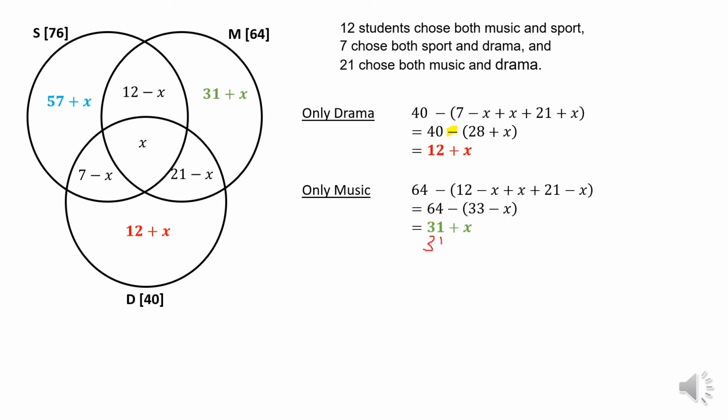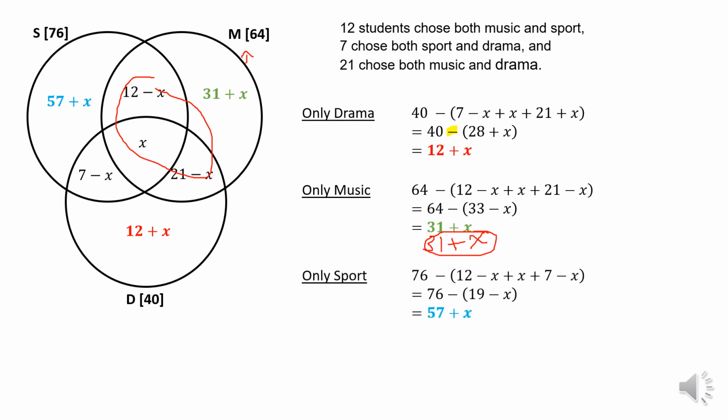So it's 31 plus x rather, if you are subtracting. So this region here also, I've added everything here, and then I subtracted it from 64. And the same applied with the 76, where I added everything, and the difference is this 57 plus x. So that is how I find those particular values.